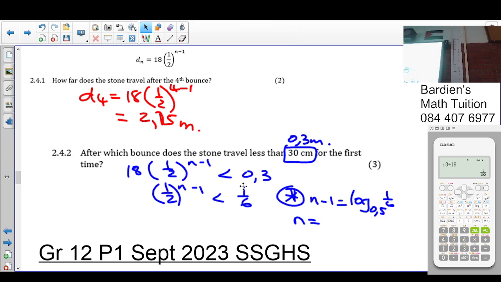So n is equal to, you punch that into the calculator, log base 0.5 of 1 over 60. Why 6?